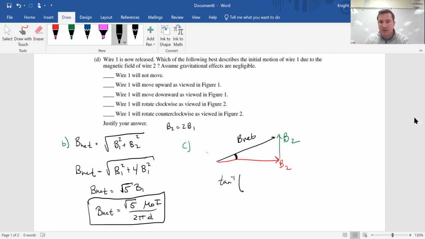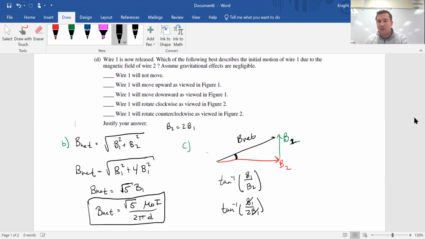tangent is opposite over adjacent, so that's B1 over B2. We know that B2 is twice B1, so we get B1 over 2B1.